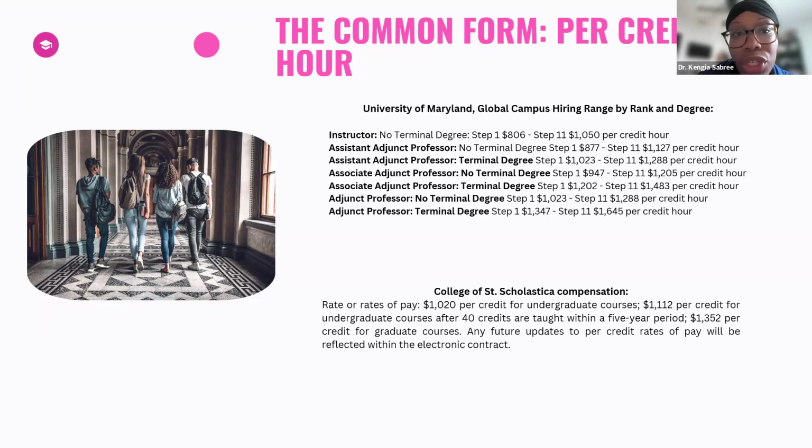It says instructor, so no terminal degree, and you'll start at step one. It shows step one through step 11. You can see that pay range per credit hour, and also what it looks like if you are an assistant adjunct professor or an associate adjunct professor, with or without terminal degrees.